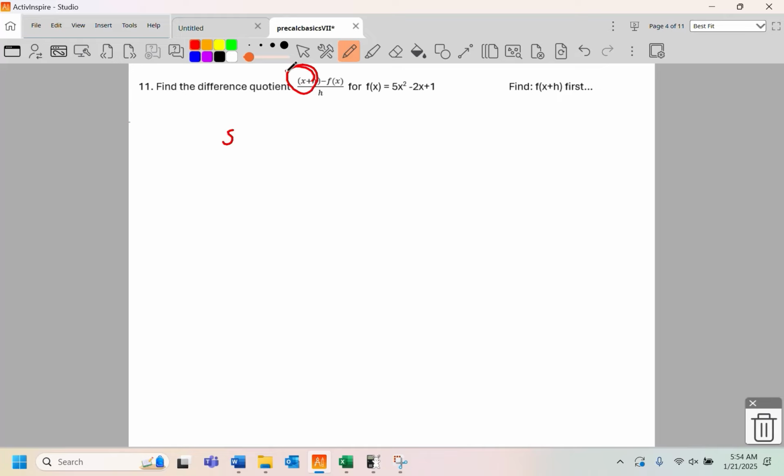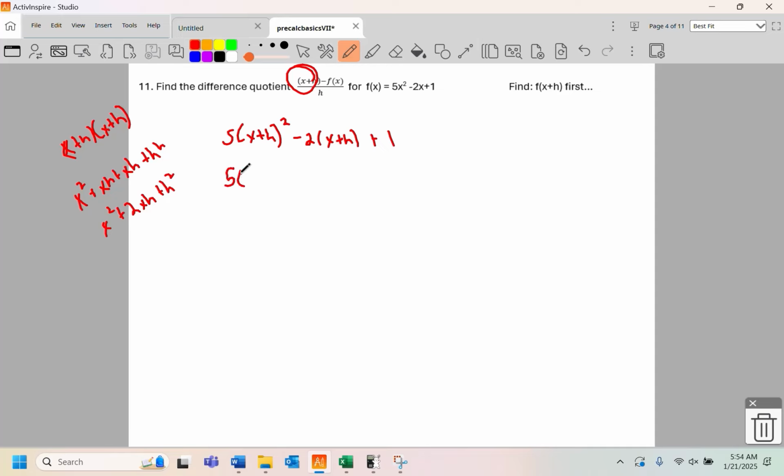We're going to do this piece first. X plus h squared happens when you write it twice in your FOIL. You get x squared plus xh plus xh plus h squared, which is x squared plus 2xh plus h squared.